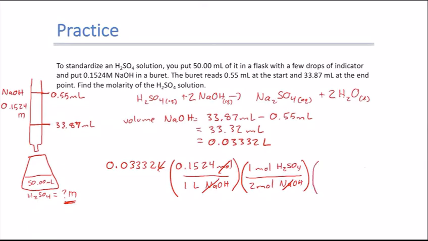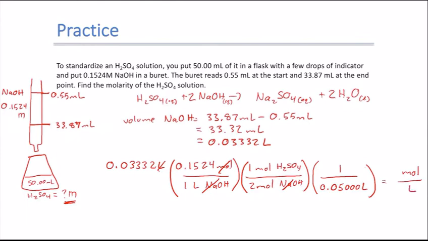All I have to do now is divide by the volume of sulfuric acid that I used, because remember, molarity is moles per liter. So I convert the 50 milliliters into liters. So I have 0.05000 liters. So that way, my units at the end are moles on the top, and then everything else cancels except for the liters of sulfuric acid on the bottom.